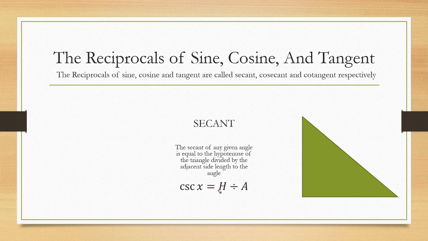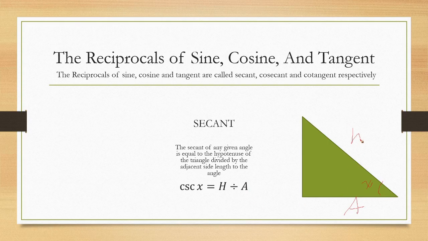So over here, we'll do h as our hypotenuse and a as our adjacent, and x will be over here because it is right next to the adjacent side. And here, secant is equal to h divided by a.